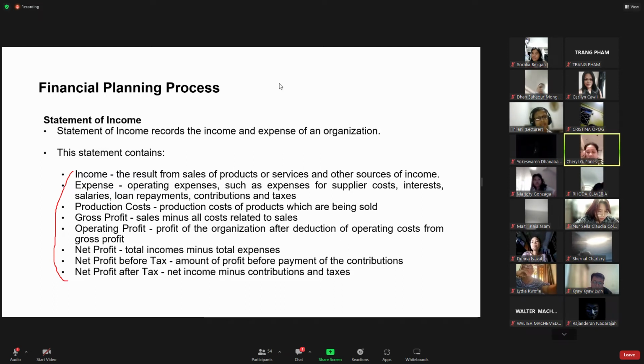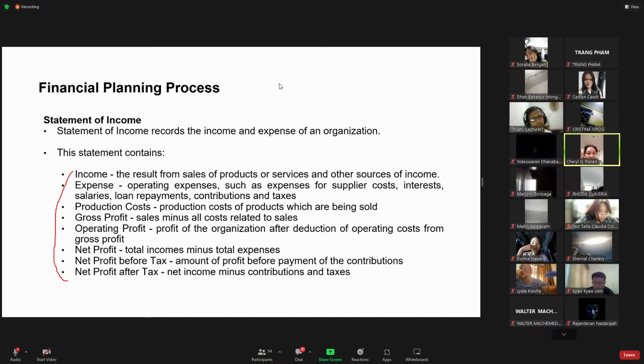As I understand the difference between statement of income and the balance sheet: in the statement of income, it's all about the income or the ins and outs of the products, the expenses, the gross. It states all about the money.